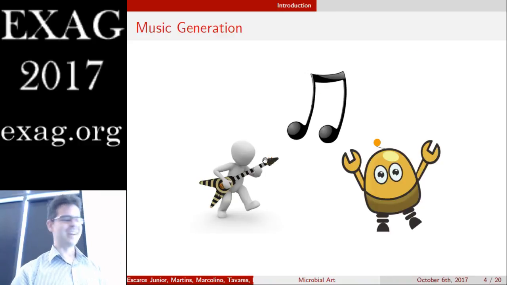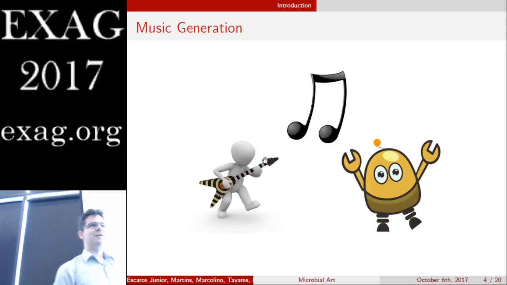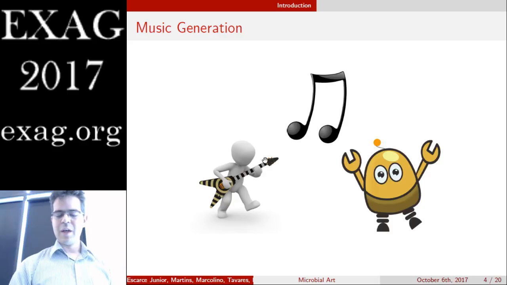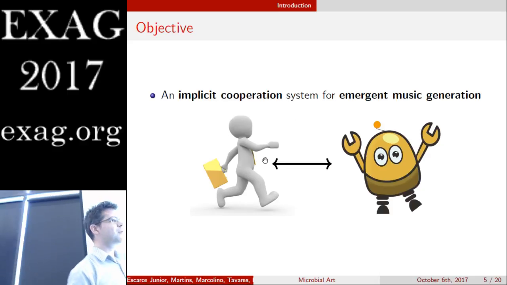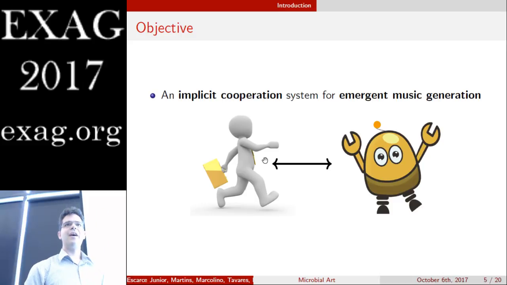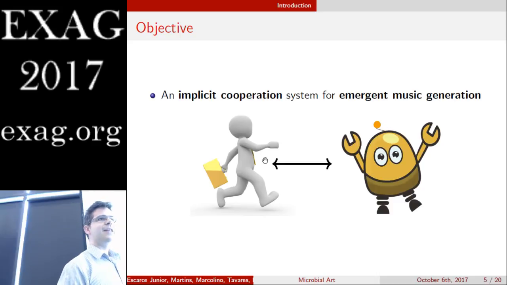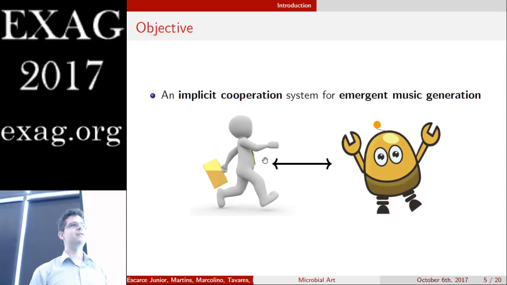Our idea is to use that for music generation, for a human interacting with a computer system, in an implicit cooperation way. The human player has some objective in the game, so the human is not worried about generating music, but by using the side effects of the human's actions on that digital system, we want to make a new song emerge through that interaction.